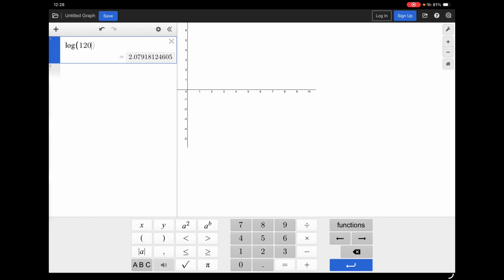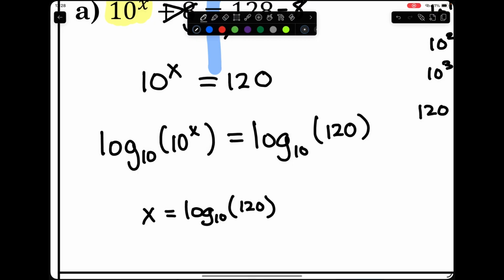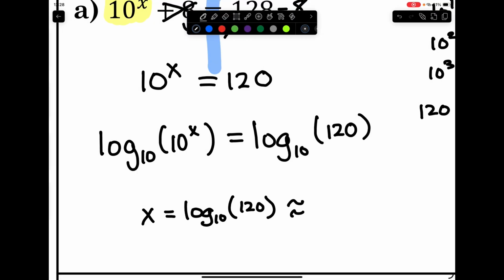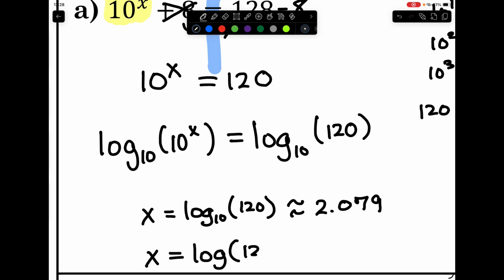The common log of 120 is 2.079, approximately. Now I don't want the decimal value of our answer, I want the exact answer. So on your homework, simply write that your answer is the common log of 120.